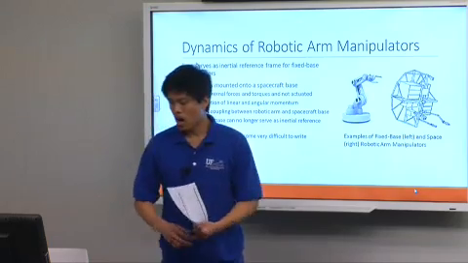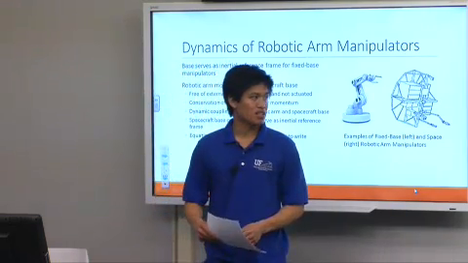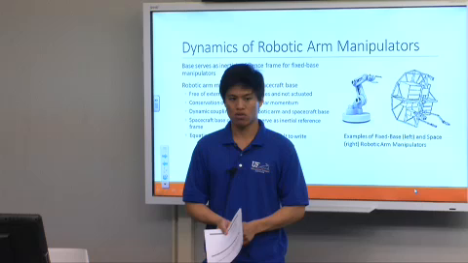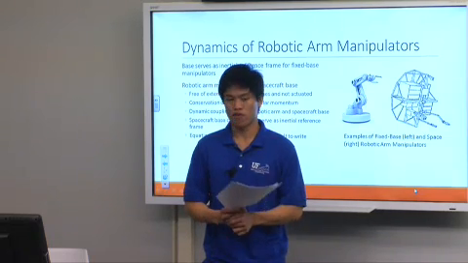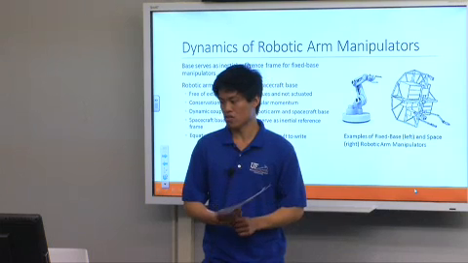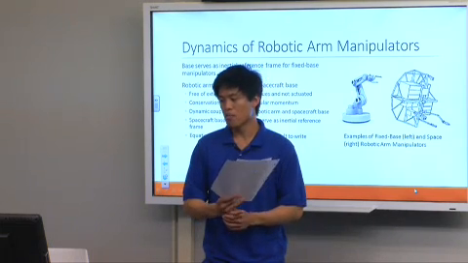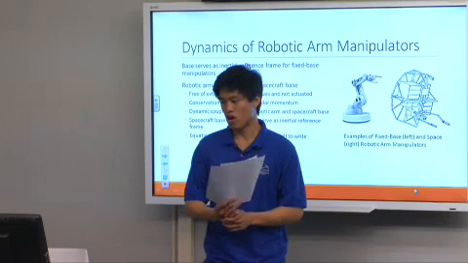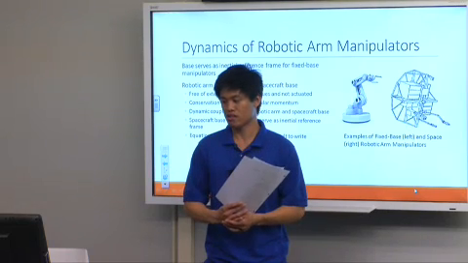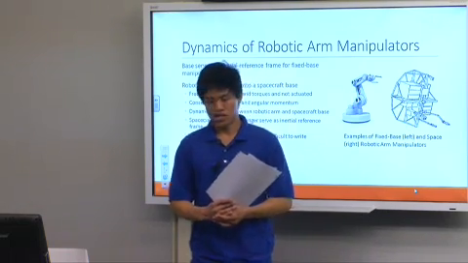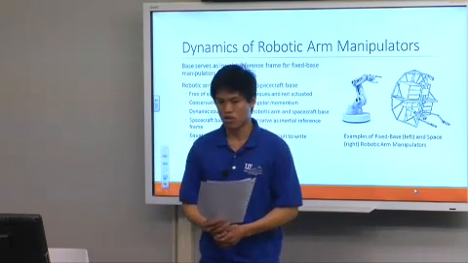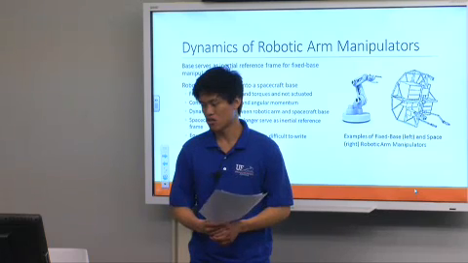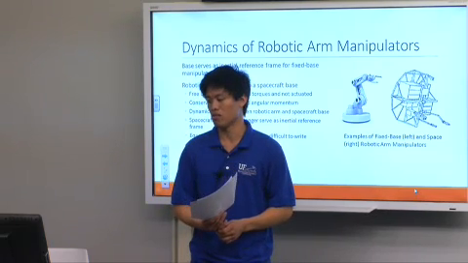Now, talking about dynamics of robotic arm manipulators in general, the base serves as our inertial reference frame for a fixed-base manipulator. This means the robotic arm. But in a space robot, the robotic arm is mounted onto a spacecraft base, so it is free of external forces and torques when not actuated. The laws that govern its motion are the conservation of linear and angular momentum.